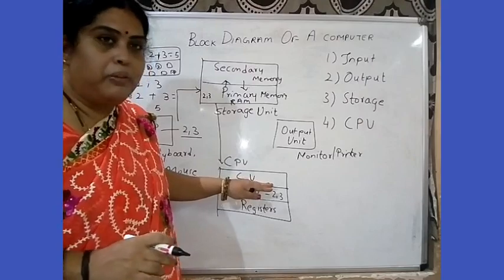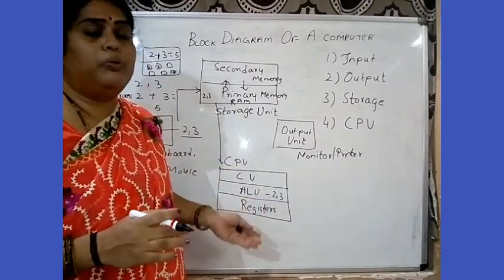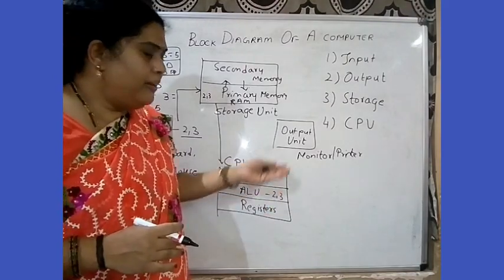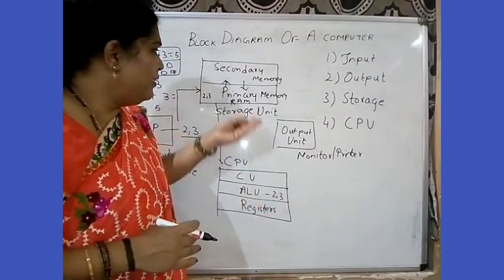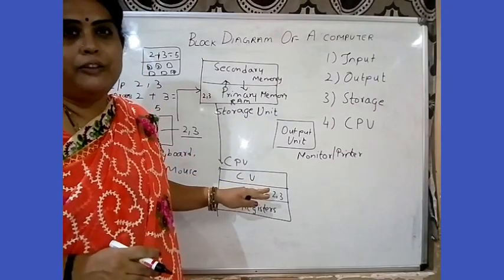So it is like the main part where it is going to see which data is going to get inside the CPU, what process is happening, whether it has to be sent to the output device, or whether it has to be sent to the memory, and all things that have to be done are taken care of by the control unit.